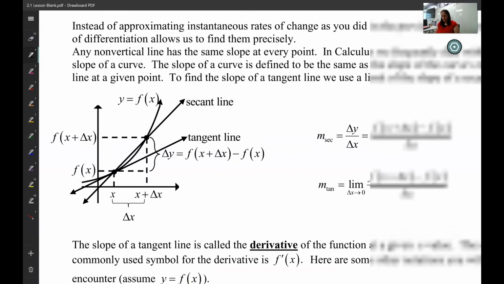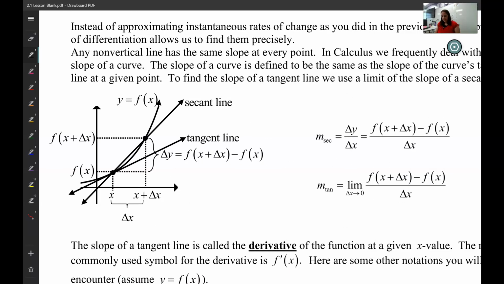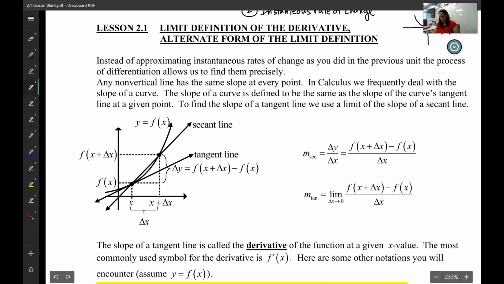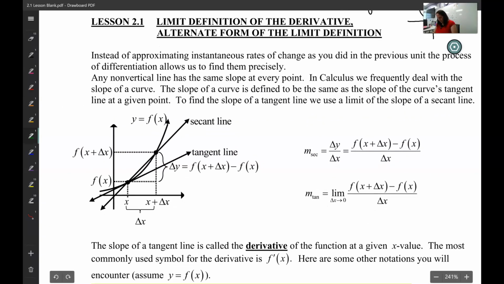We have two kinds of lines that we talk about. A secant line is one that you have already known. Secant line is your average rate of change. So let's say right here, that's my function. Secant line is exactly what we were doing before, where I have 2 points on my function, here and here, and I'm going to do y2 minus y1 over x2 minus x1.